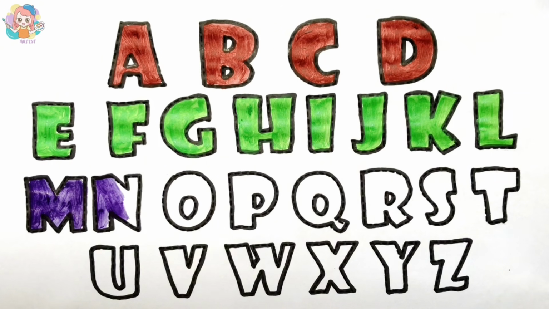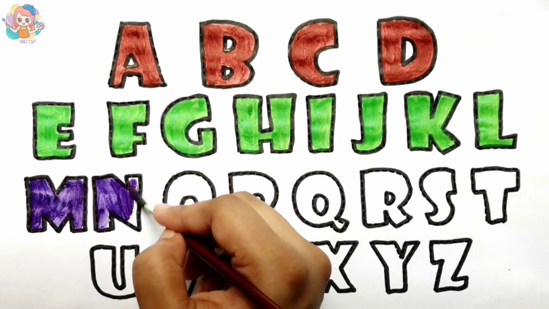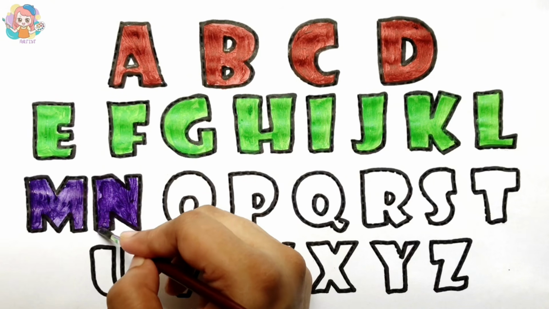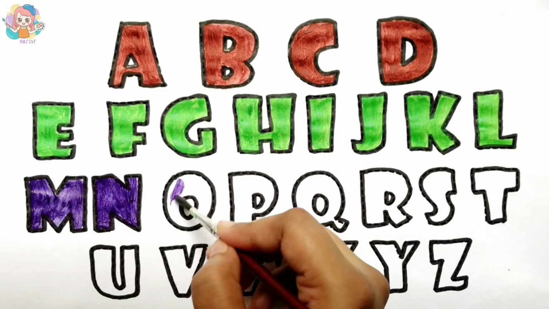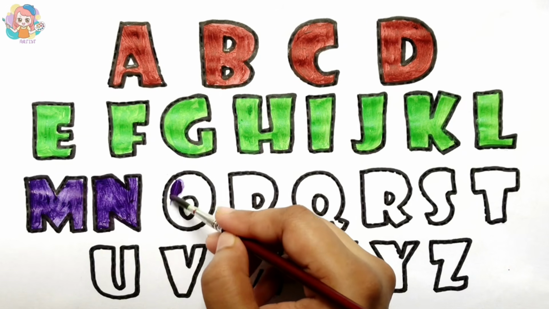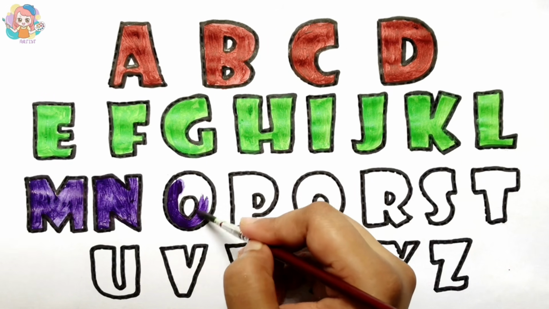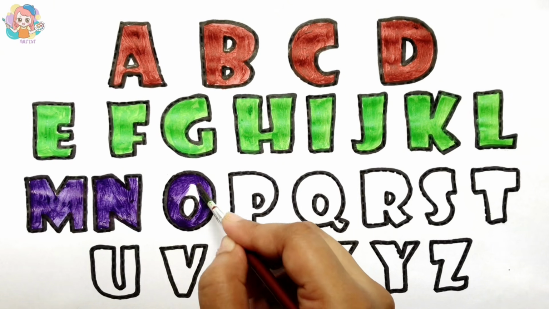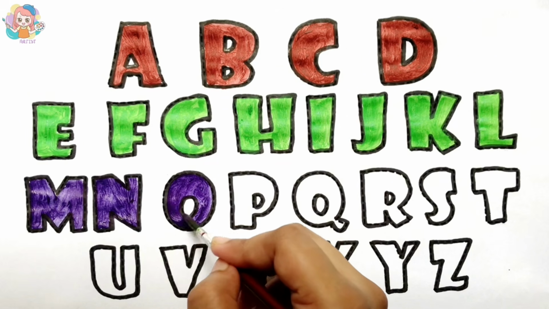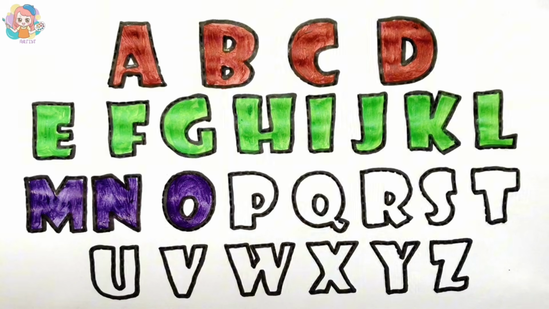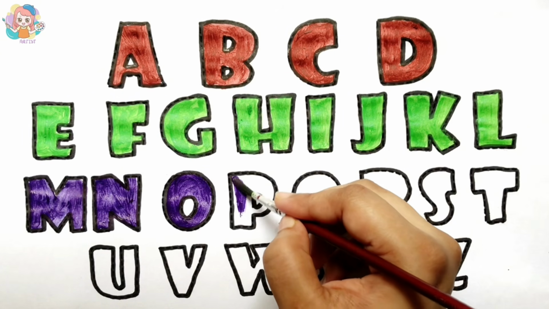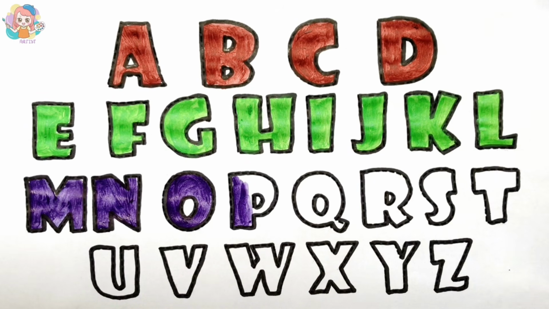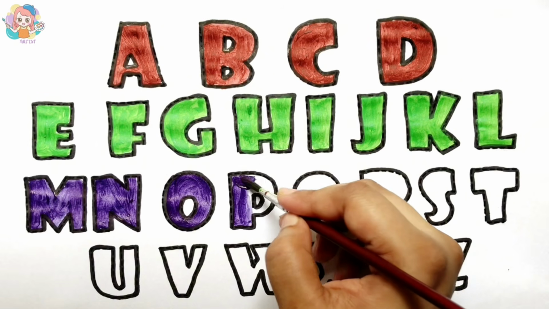N for nest. O. O for octopus. P for pigeon.